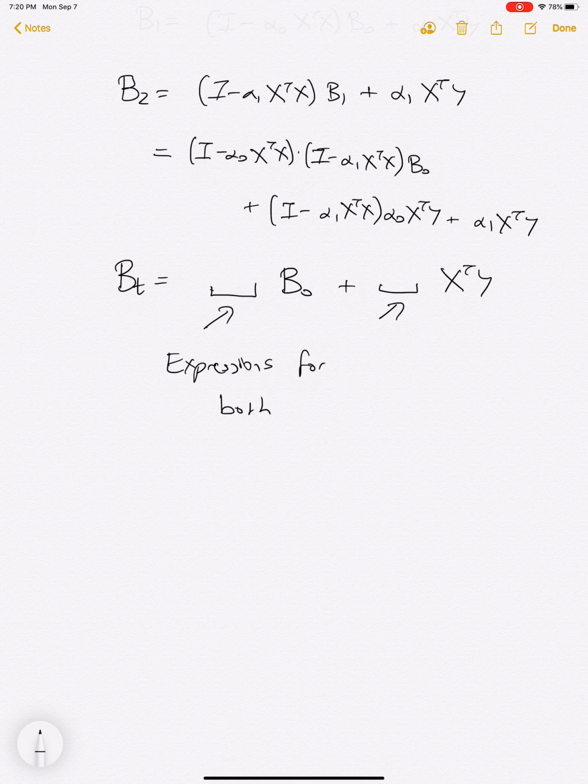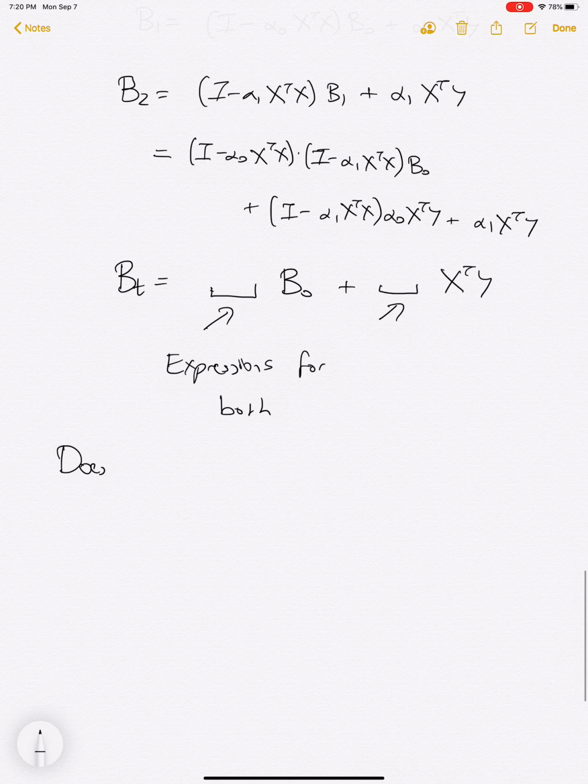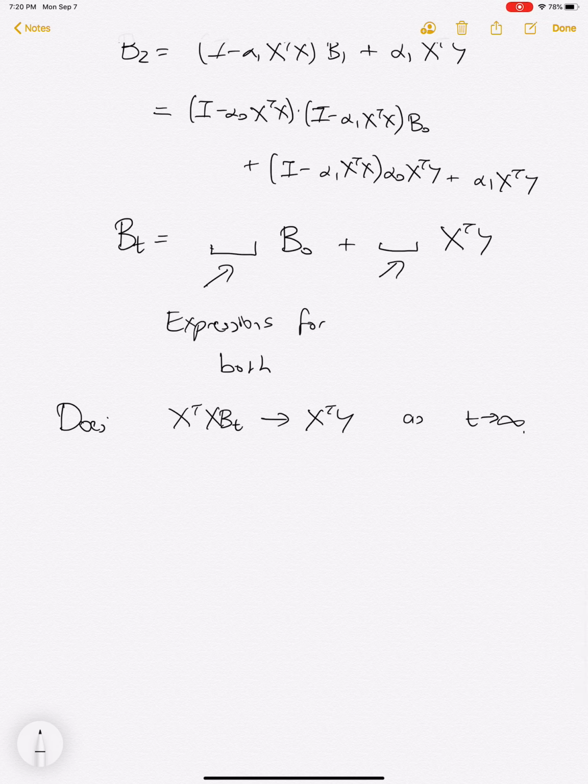And the third question that we're interested in is, so that's the first question that we're interested in. What we're actually going to look at is writing everything in terms of X transpose X here.